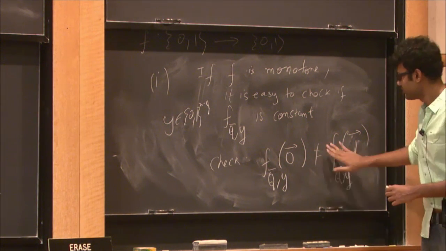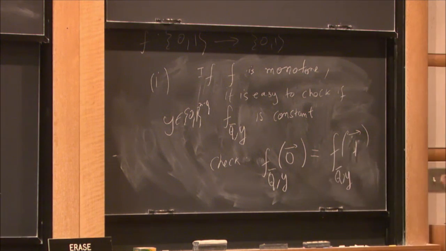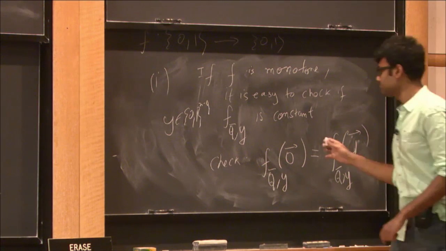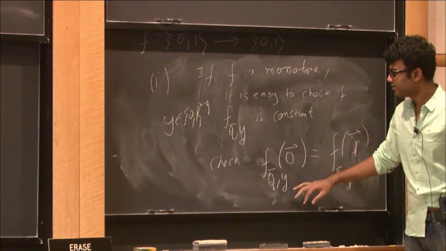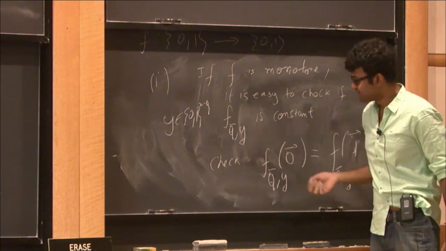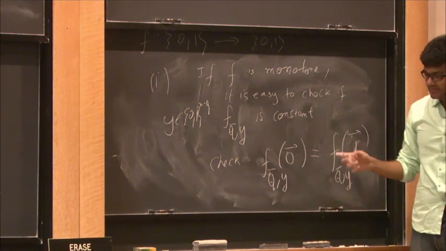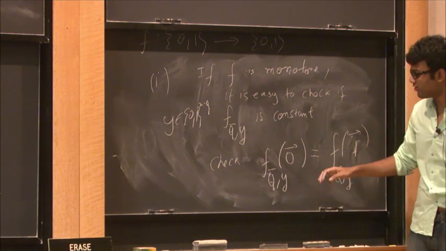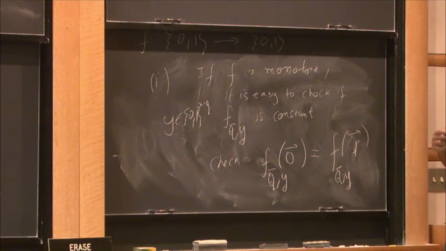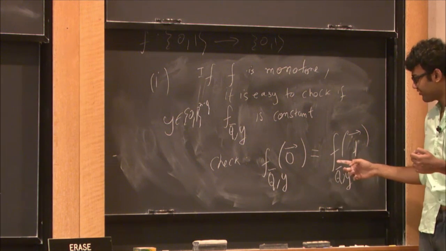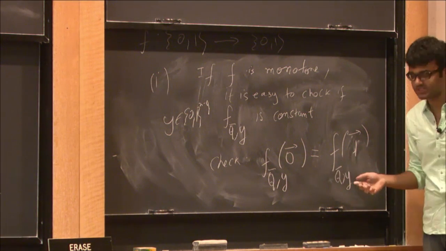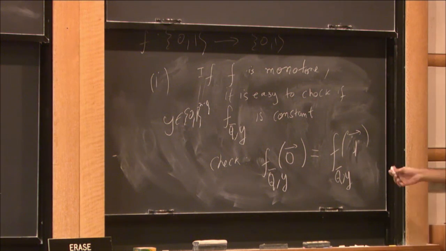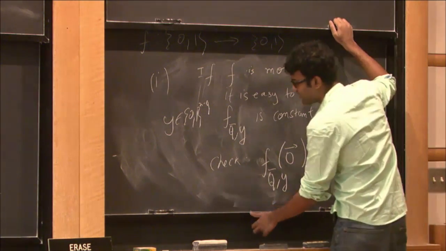Actually, okay, since it's a monotone function, if the coordinates in q actually influence the function f, then the evaluation of f q bar y by setting all the bits in q to 0, and the evaluation of f q bar y with all the bits in q set to 1, have to be different if the coordinates in q are influencing this function. Okay. This is a simple observation.